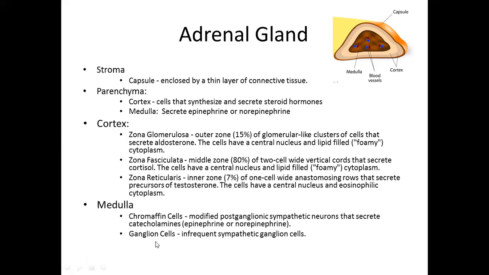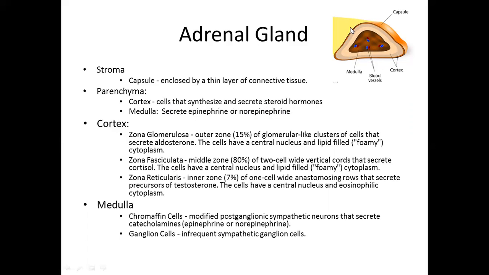The main parenchymatous part of the adrenal gland is divided into two different areas, the cortex and medulla. The cortex consists of cells which synthesize steroid hormones, and the medulla secretes epinephrine and norepinephrine.